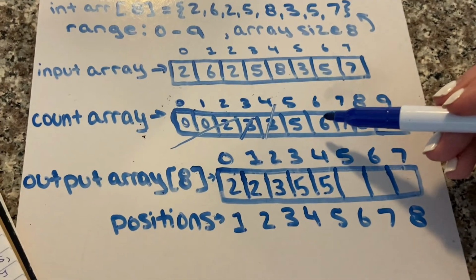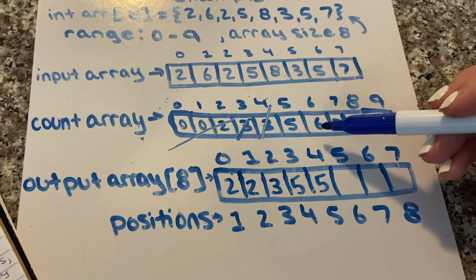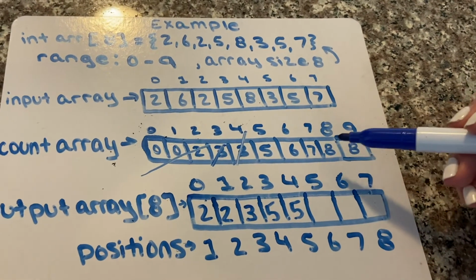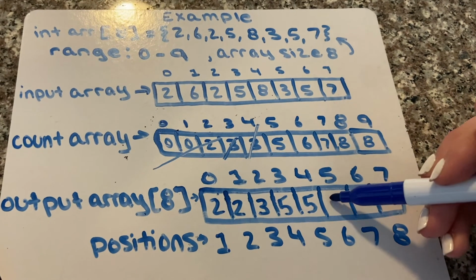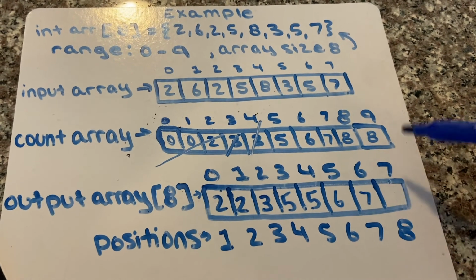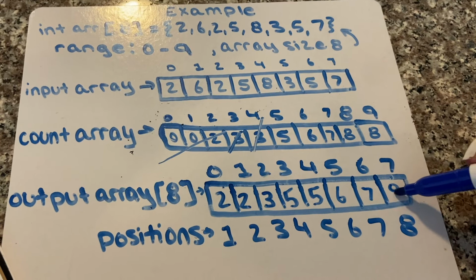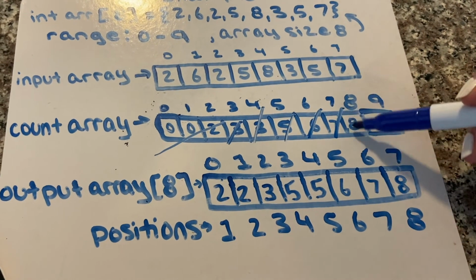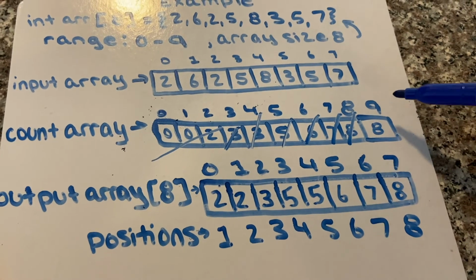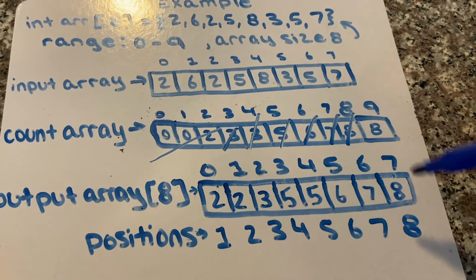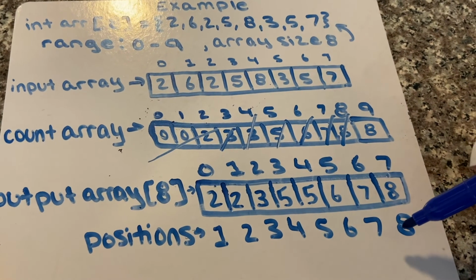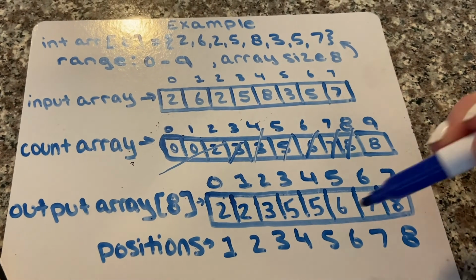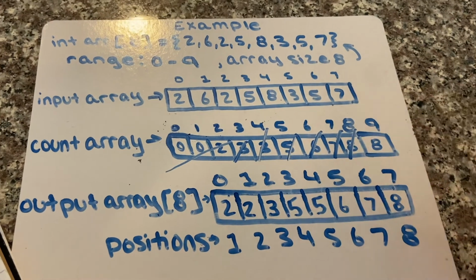We move on to index 6, and this means that it'll occupy position 6, and so on with 7 and 8. So here we have 6, 7, and 8. And then we move on to index 9 in the count array, and this also has a value of 8, but 8 is taken. So 9 will not go in this array, but we've also filled up both of our arrays, so that's when it will kick out and be done.